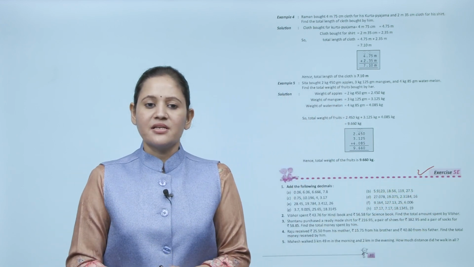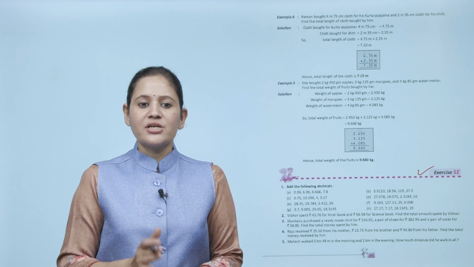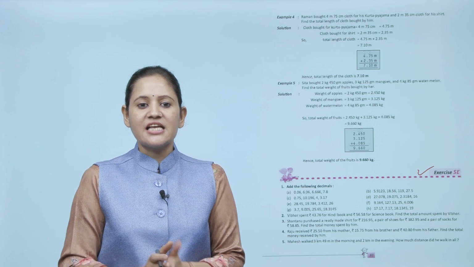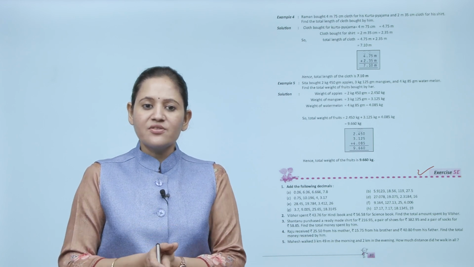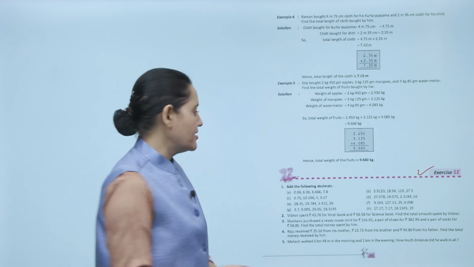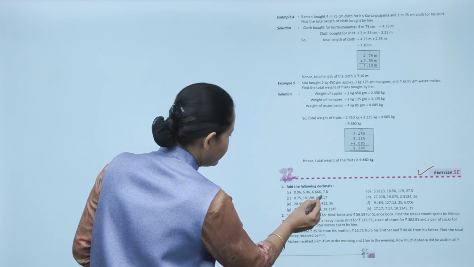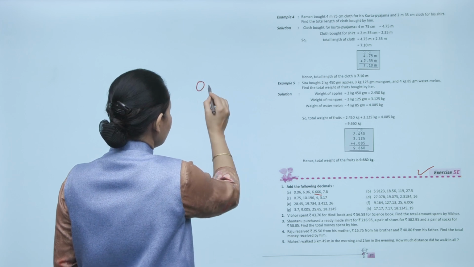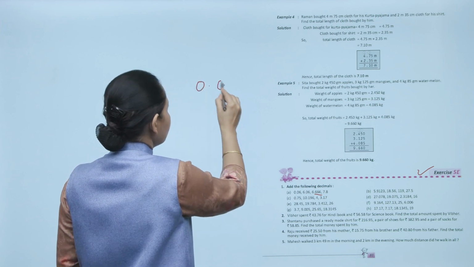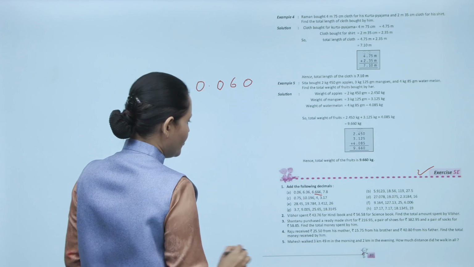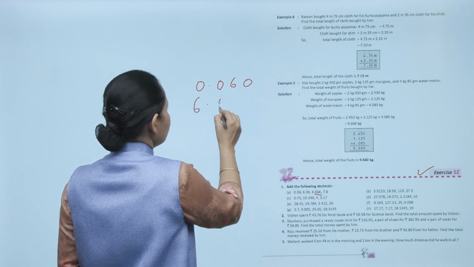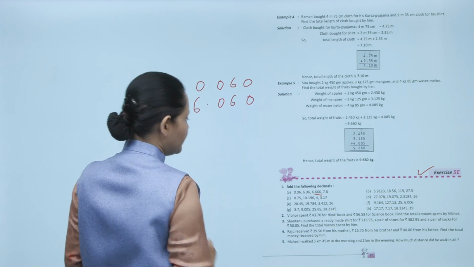Add the following decimal. First is 0.06, 6.06, 6.666 and 7.8. So first we will convert into like decimal. Maximum 3 digits are there, so I'll write 0.060. Next is 6.06, 6.06 and add 1 0.